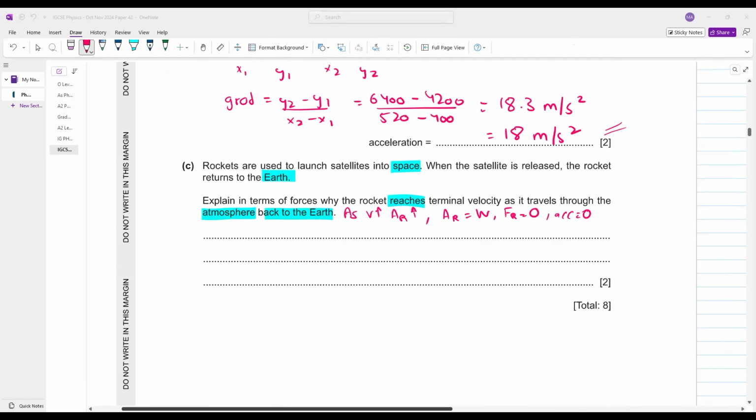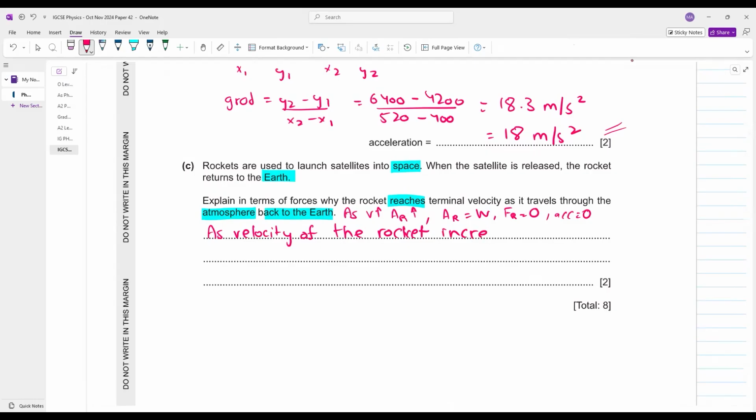How will you write this? You will say as velocity of the rocket increases, what will happen? Air resistance increases. Furthermore, what will you say?